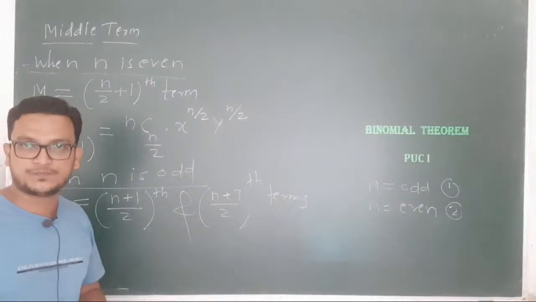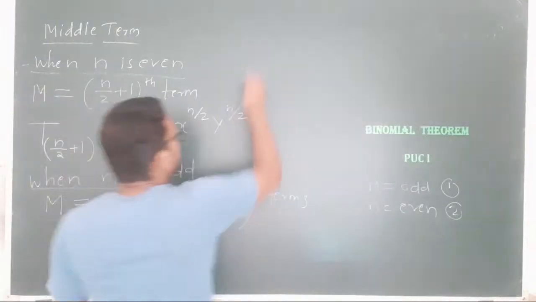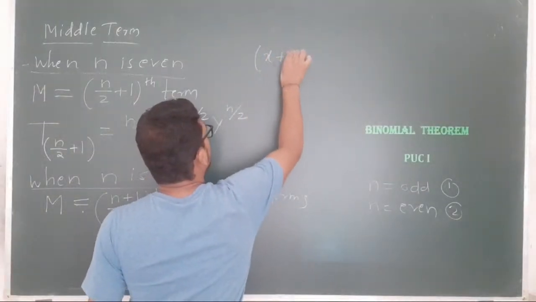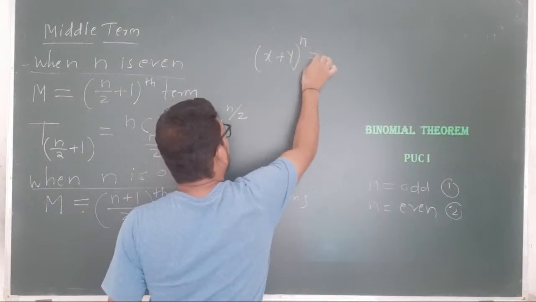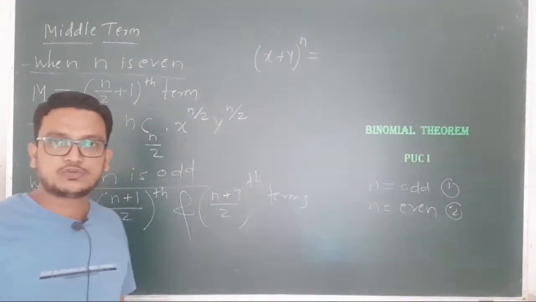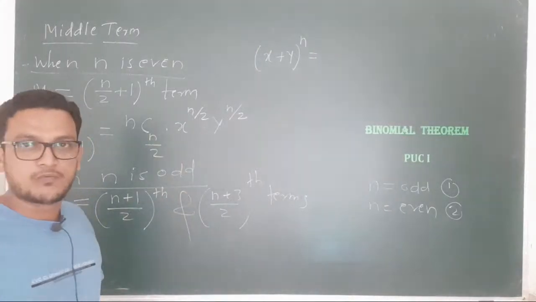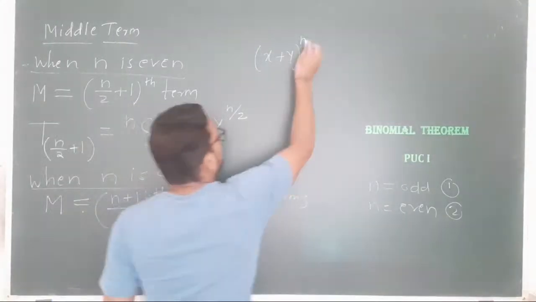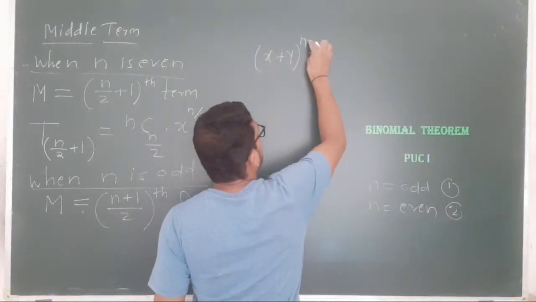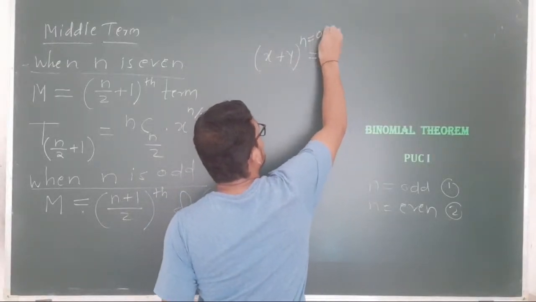Why is it so? Because see, in this expansion, x plus y to the power n, when you expand this, suppose this n is odd.